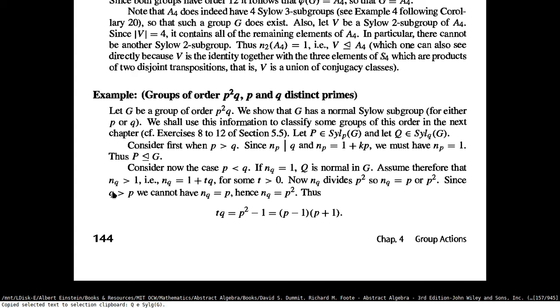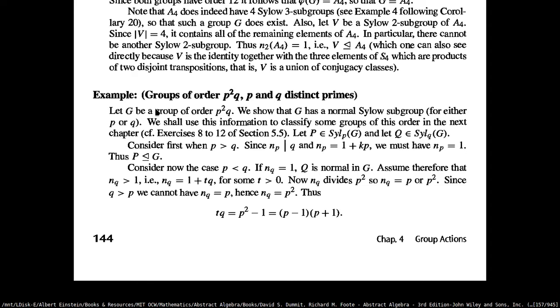So if N_Q is 1, then you have Q as normal, so our H and K both are normal. That was case 1 of ours, right? We had 1, 3, 9, we chose 1. If it were 1, then it was normal, and that meant that it was abelian. And then we were moving on to look at 3 and 9.